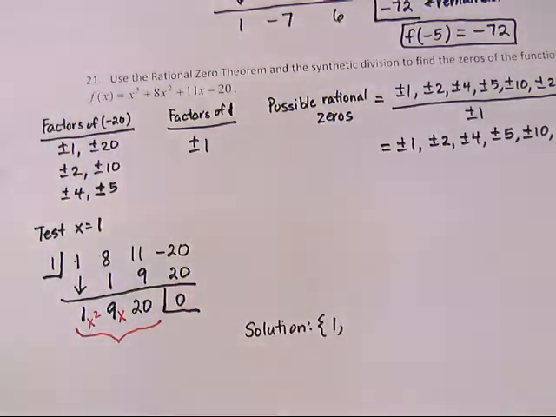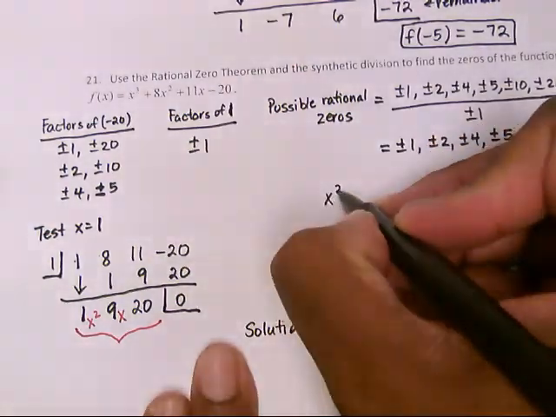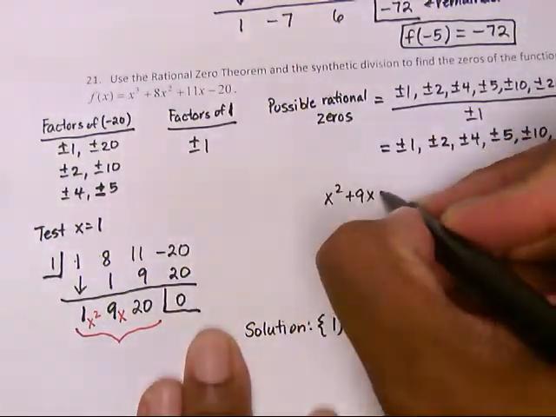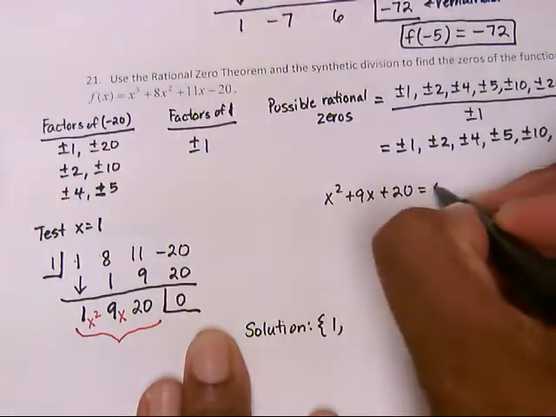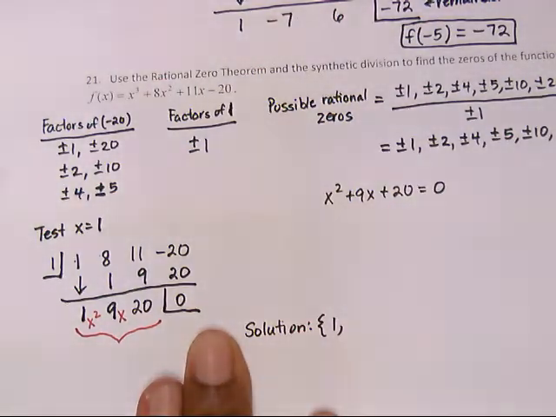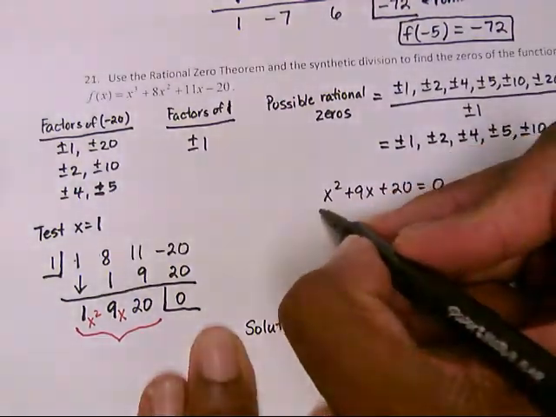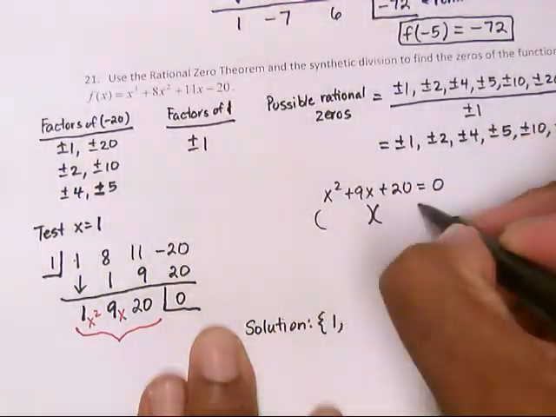So this is what my quotient is: x squared plus 9x plus 20. That's going to be set equal to 0.